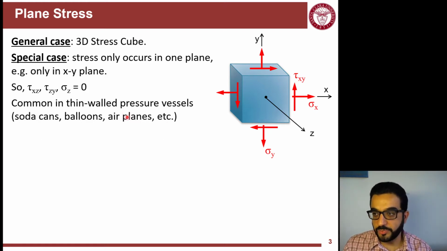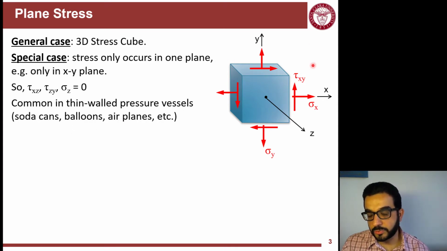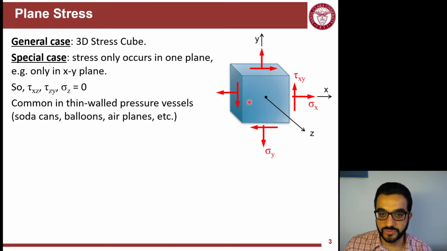So the general case here, or general state of stresses, we have this 3D stress block, and the stress occurs in all directions, normal stresses and also shear stresses. But for the sake of our introductory class to strength of materials, we are analyzing the 2D state of stresses. So this means that we're analyzing the X and Y plane of stresses only.